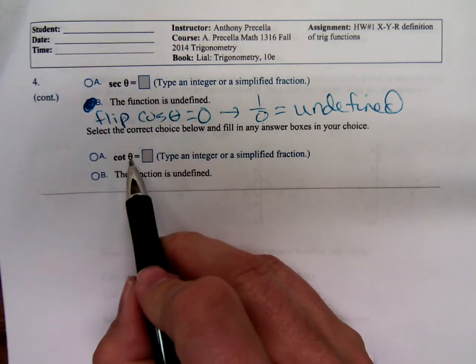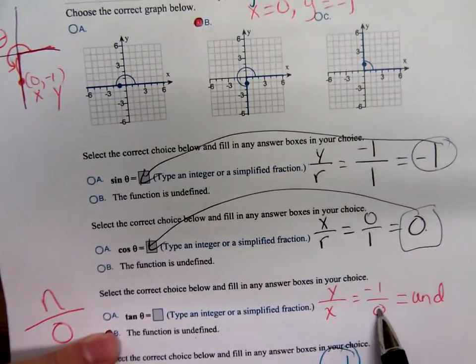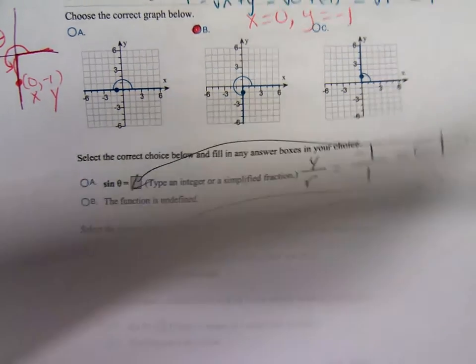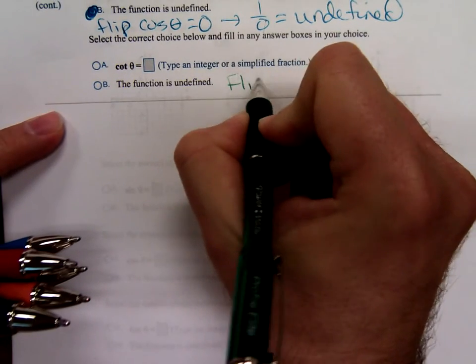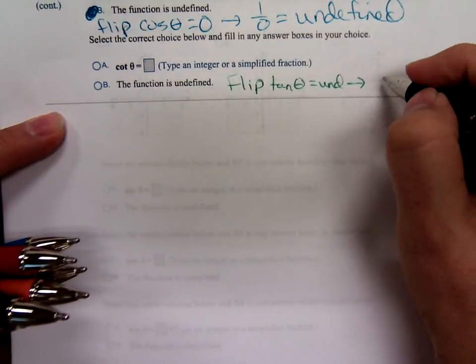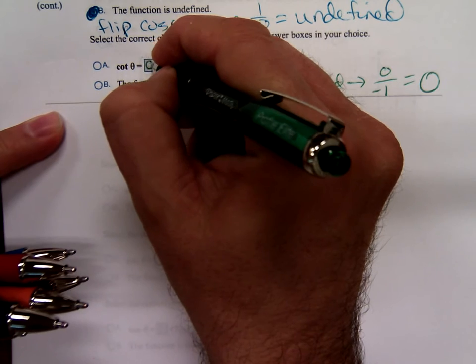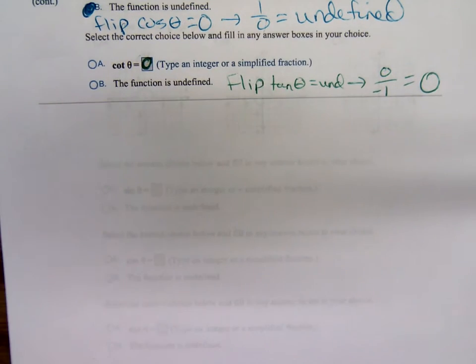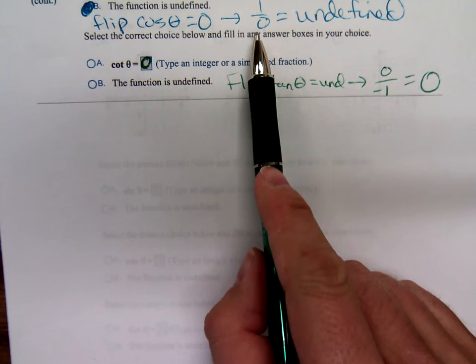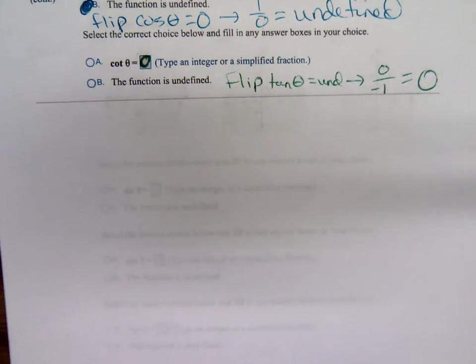Cotangent is the reciprocal of tangent, the -1 over 0. So if I flip -1 over 0, flip tangent theta, which is undefined, I would get 0 over -1, which is 0. So this answer right here, 0. So the reciprocal of 0 is undefined. The reciprocal of undefined is 0. And that's a very informal way of saying that.